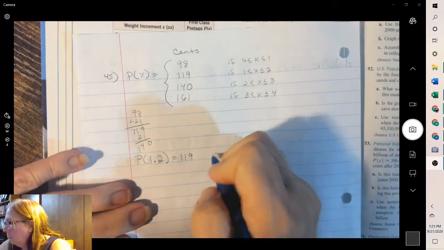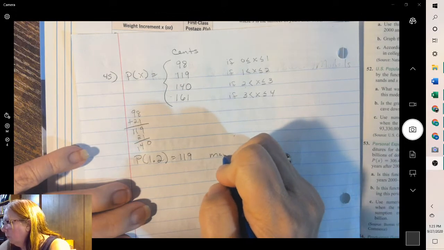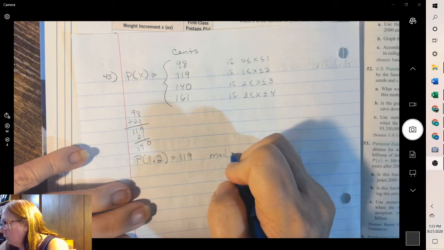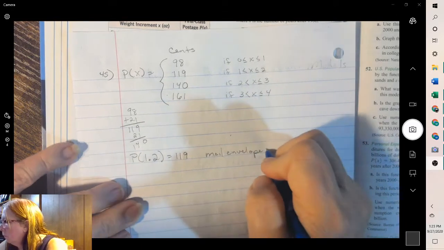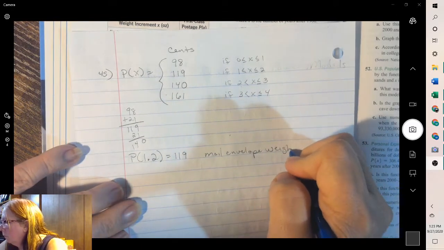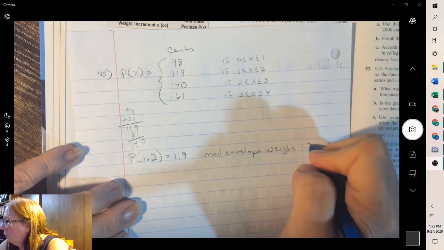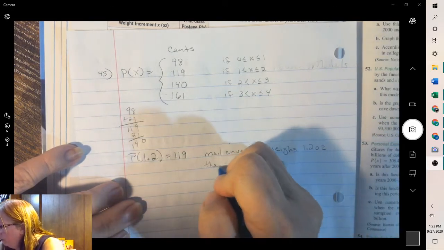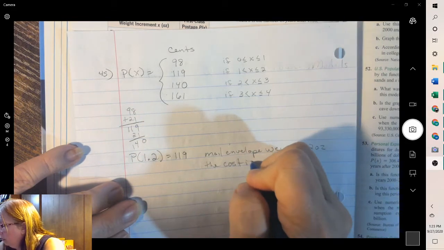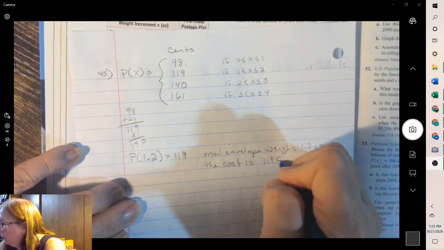What that means is if the mail envelope weighs 1.2 ounces, the cost is 119 cents.